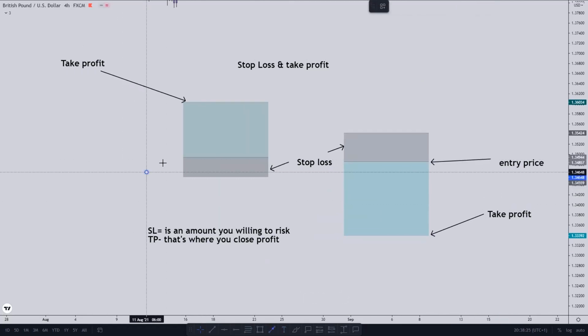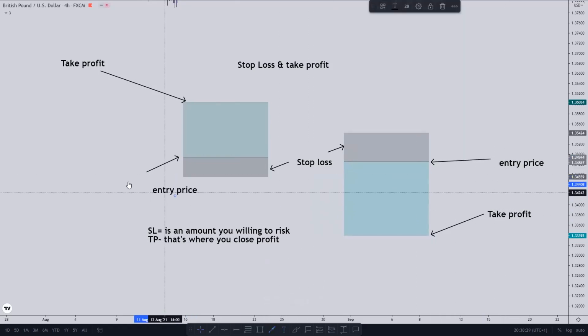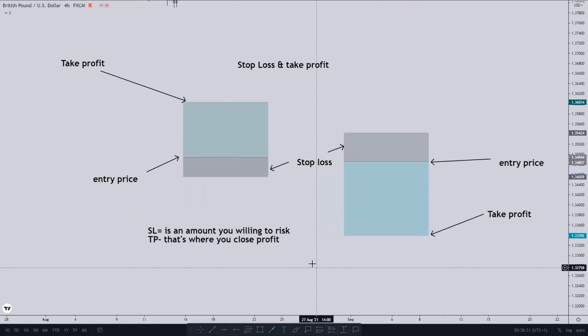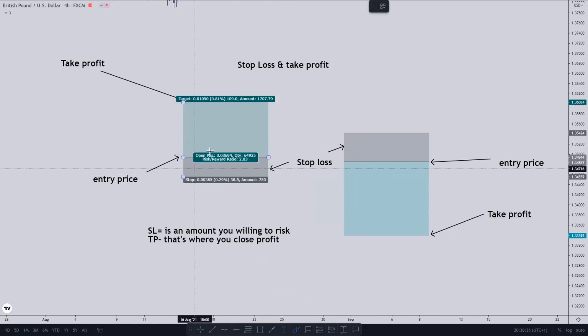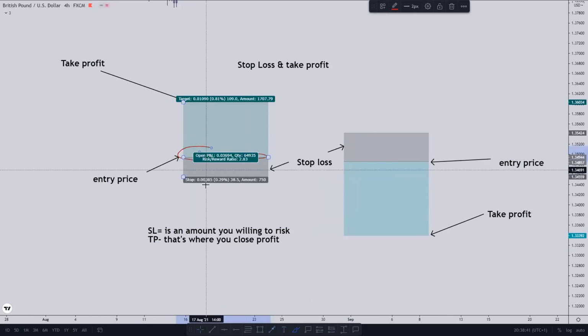Entry price also there, just copy this. There you go. So when you open a trade, you have an entry price, which is this area here. And then you need to know where you want the market to take you out if it moves against you.